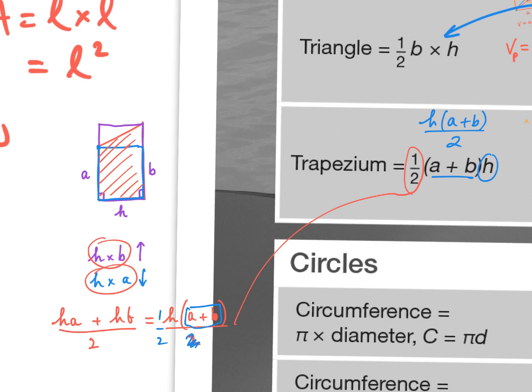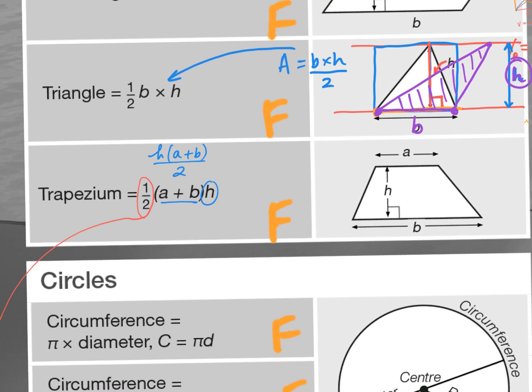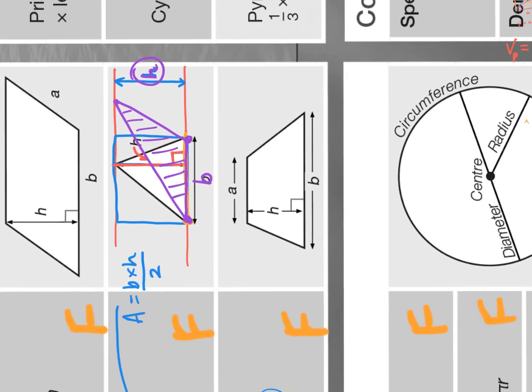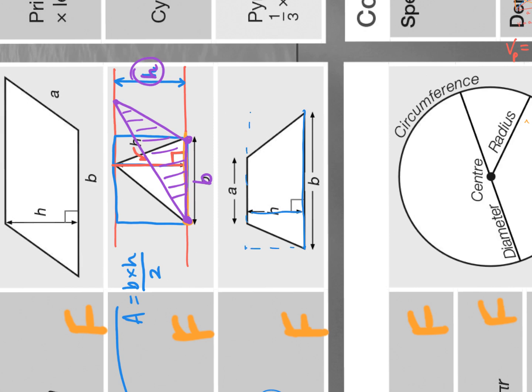Just think of it as being, and I'll use the actual one on the formula sheet here, turn it around and say to yourself, well, b times h would be an area too much, a times h would be something too small, so it would be h times a plus h times b all over 2.